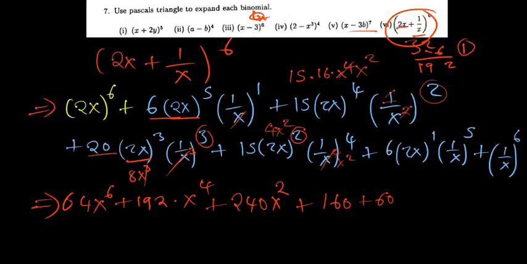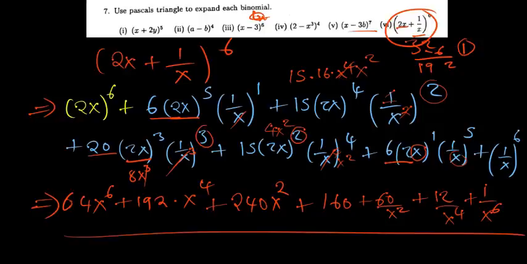So that will be 60 over x squared, plus 6 times 2 is 12. x, 1 x on top, 5 x's on the bottom. So I have x to the power 4. And then finally 1 over x to the power 6. So that's our answer for that last part of the question. Okay?